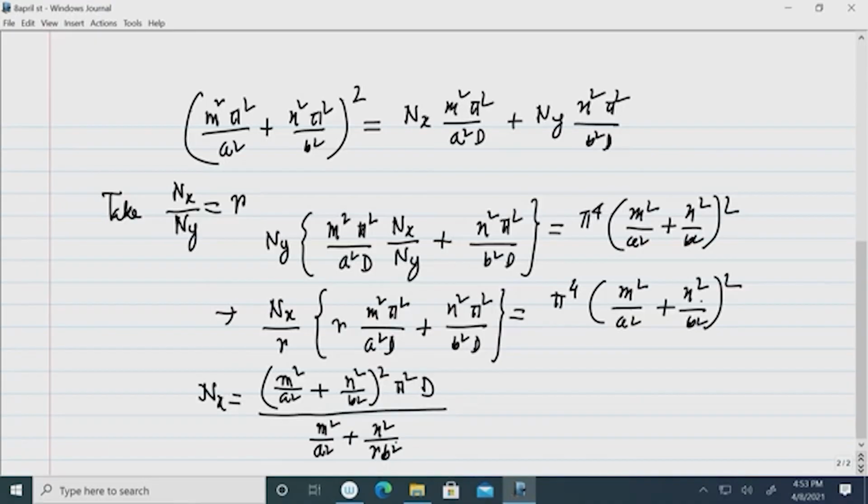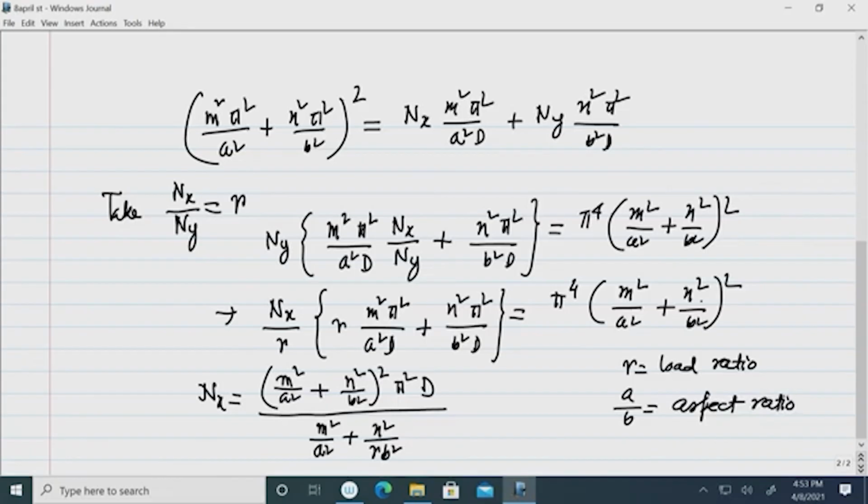Okay. So, this is the value of N_x in terms of load ratio. R is the load ratio and a by b will be the width ratio, the aspect ratio.